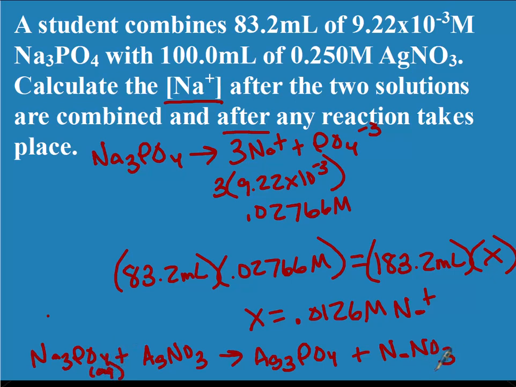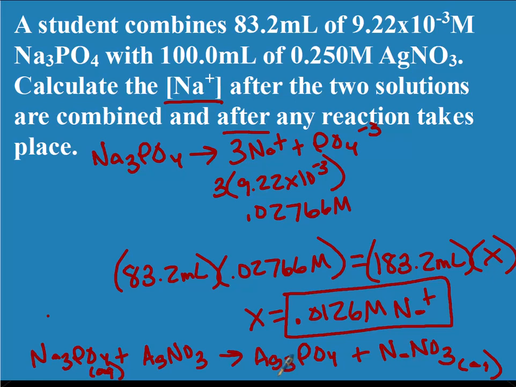Sodium phosphate is aqueous and sodium nitrate is also aqueous, which means that both of these are going to be spectators. So my sodium is a spectator ion, which means the concentration for sodium before and after the reaction takes place is going to be the same after they're done mixing, because sodium's not reacting. It was floating around at the beginning, it's still floating around.